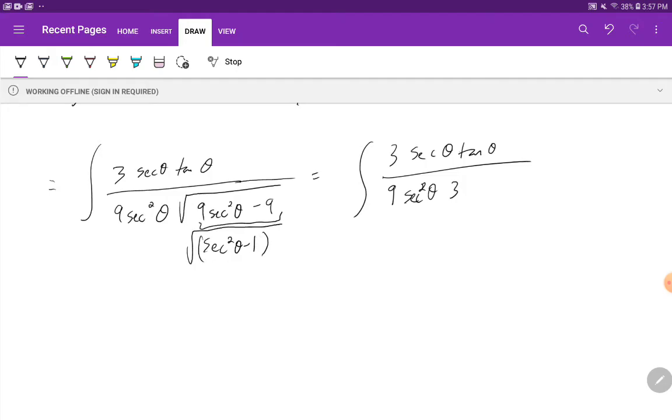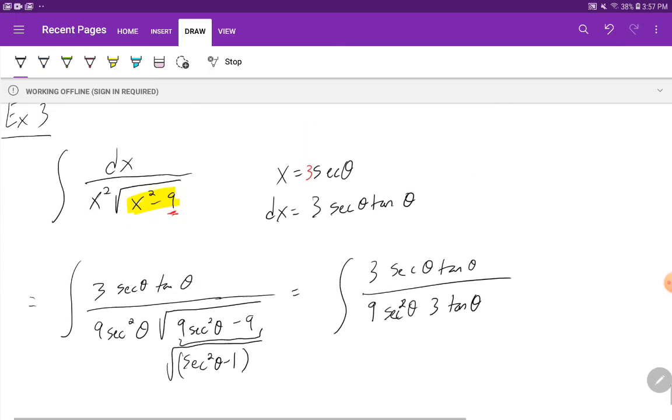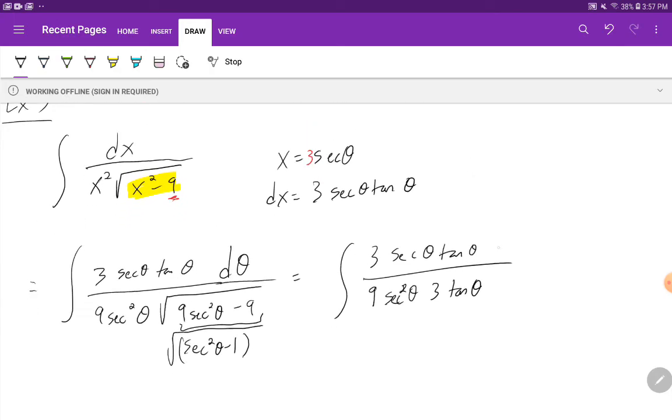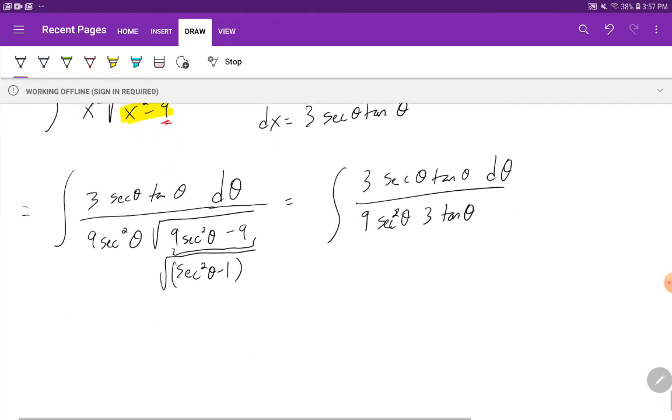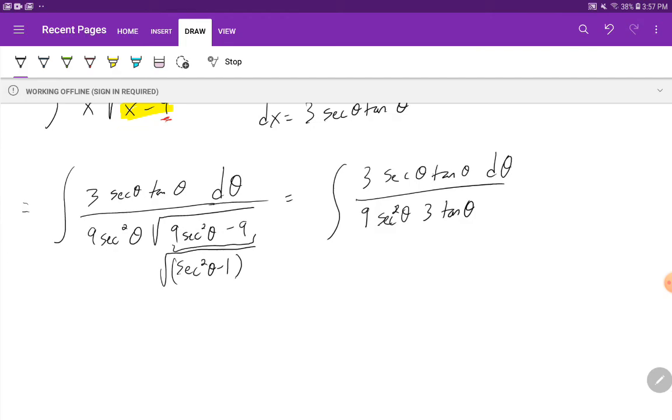Well, that's tangent squared, isn't it? So this is going to end up being just tangent. Where did my d theta go? Oh my gosh, I left it out. Oops, sorry. All right. So we made the substitution, we simplified, and look, things are going to beautifully cancel out.